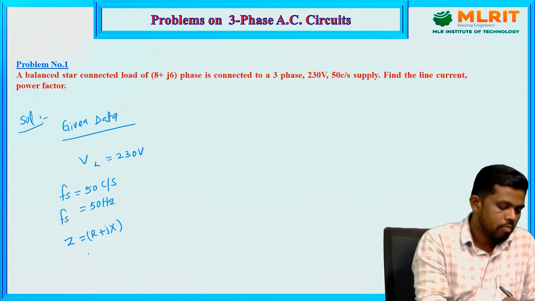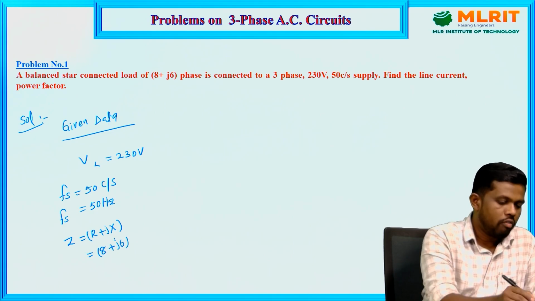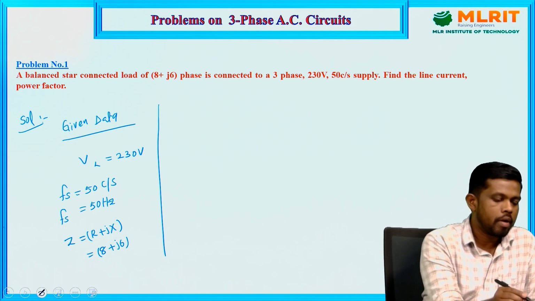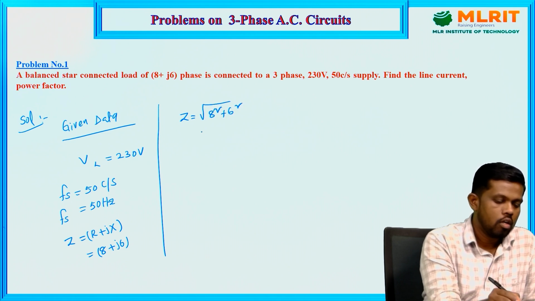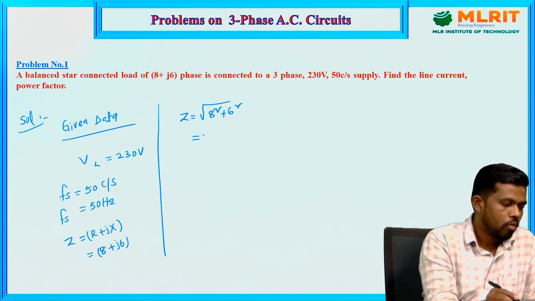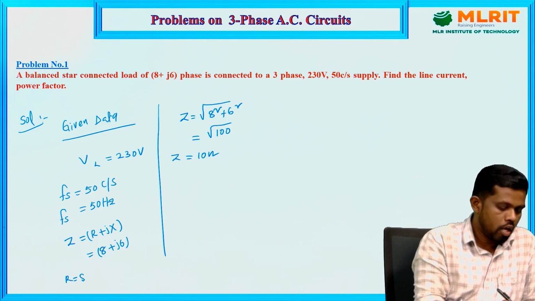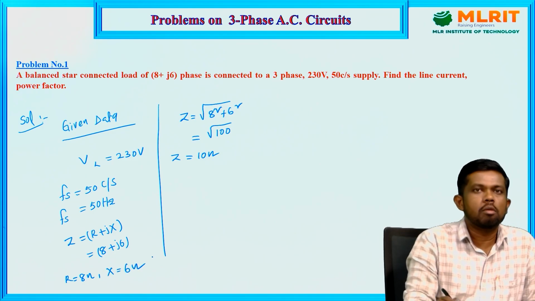If we get the magnitude of the impedance, Z equals the square root of 8 square plus 6 square, which is the square root of 100, so Z equals 10 ohms. So R equals 8 ohms and X equals 6 ohms. This is the impedance of the network.